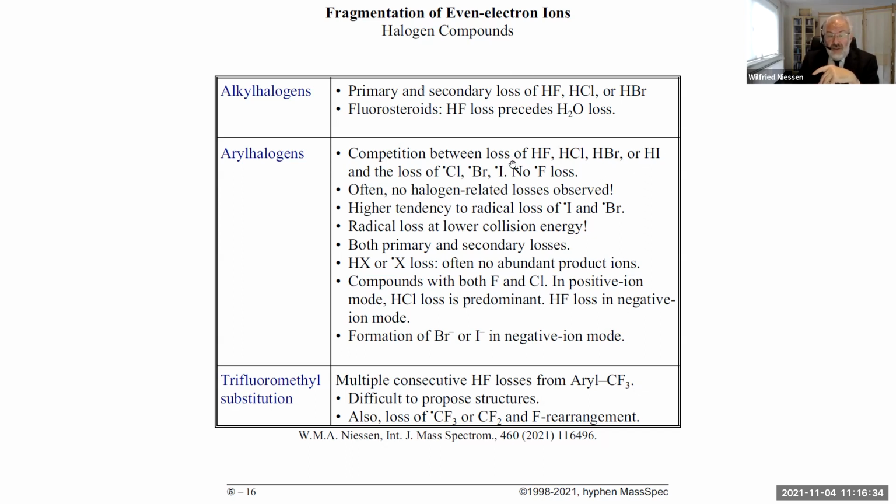I have no examples where I see F dot losses. There is a higher tendency in the series: I dot is lost more readily than Br dot, which is lost more readily than Cl dot, and F dot is not lost at all.